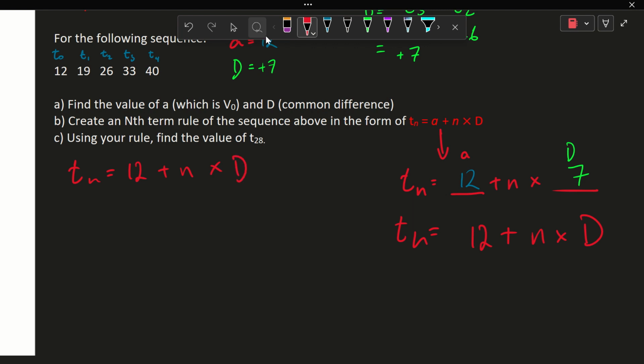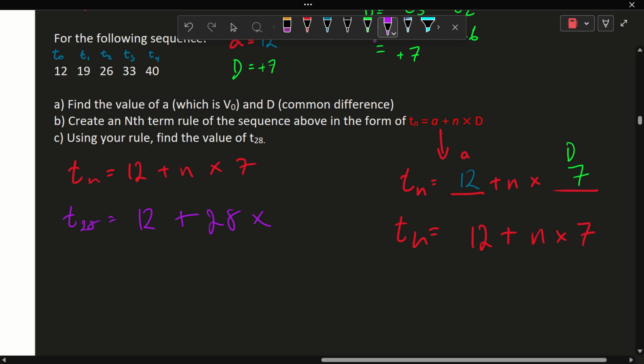Thank you. So your actual equation is going to be T, just change n to 28. So T28 is equal to 12 plus 28 times the common difference, 7. And you're literally just going to put this in your calculator.